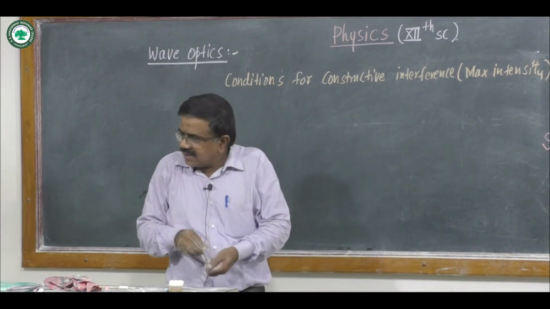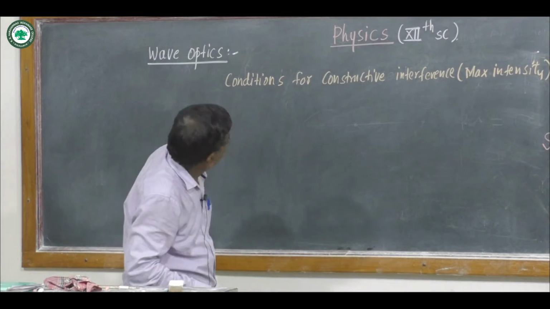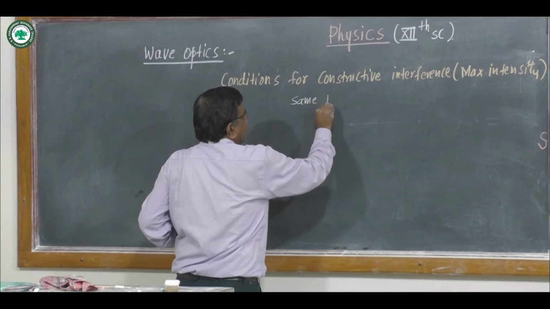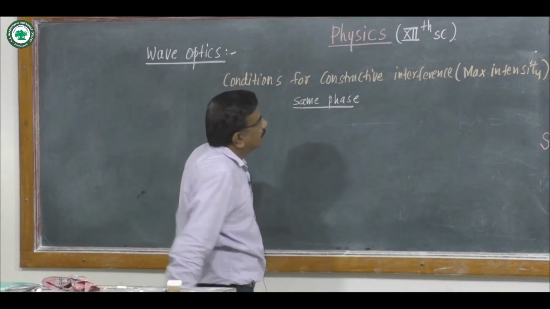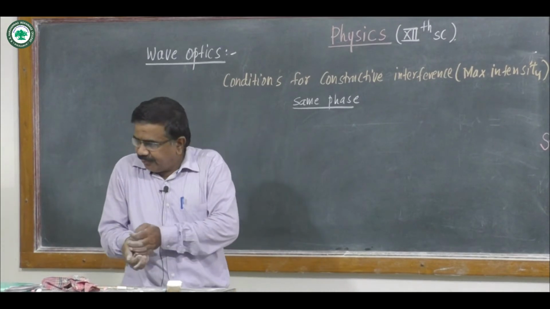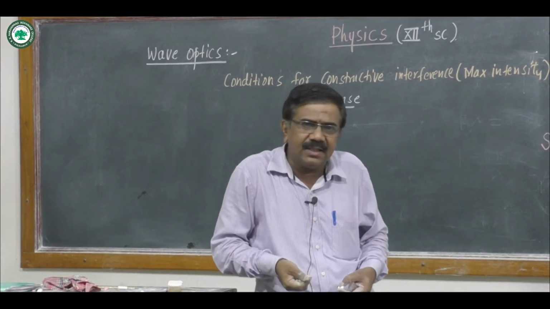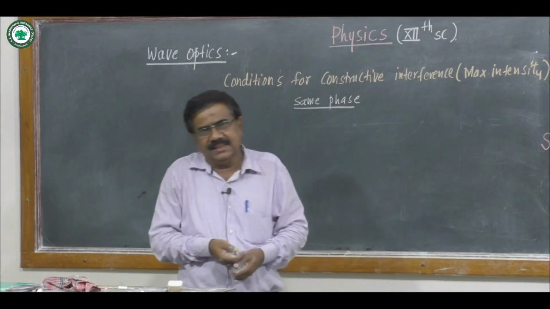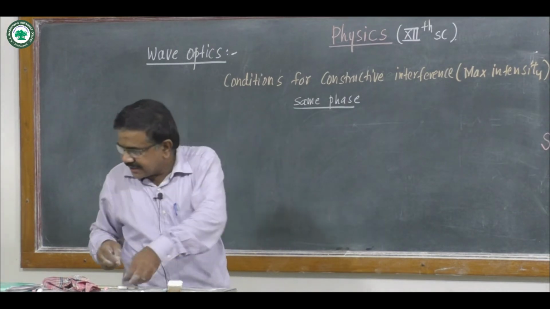We know interference is said to be constructive if two waves are in same phase, that is crest of one wave coincides with crest of other, trough of one wave coincides with trough of other. The resultant intensity is maximum at that point.